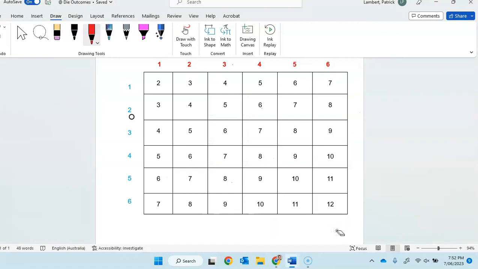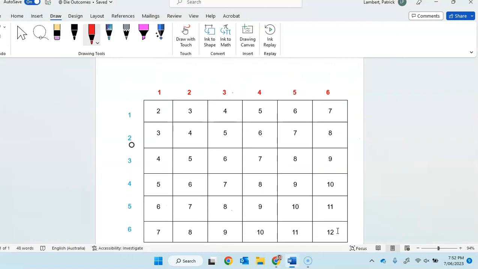Another way of looking at this is, let's use a different colour, here's your first die, here's your second die. So you roll your first die and you get a 1, second die is a 1, you get a total of 2. First die is a 2 and the second one's a 1, you get a total of 3, and so on.